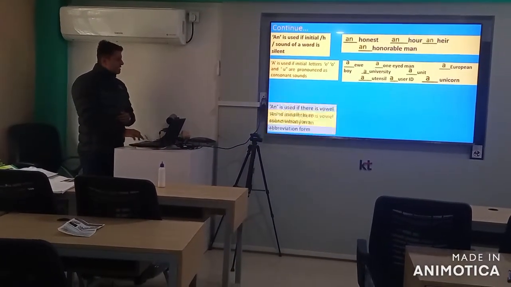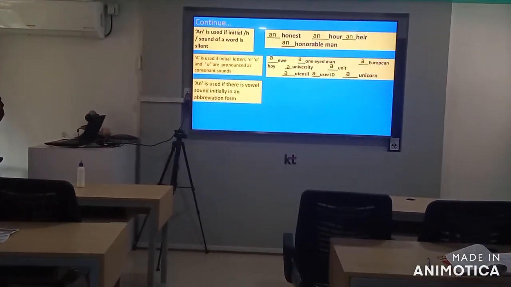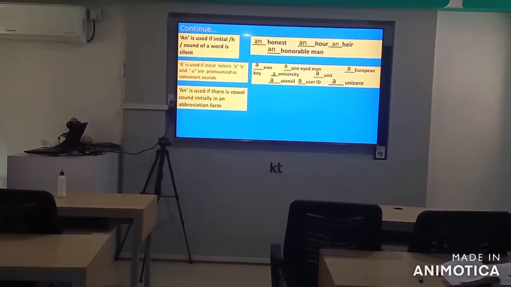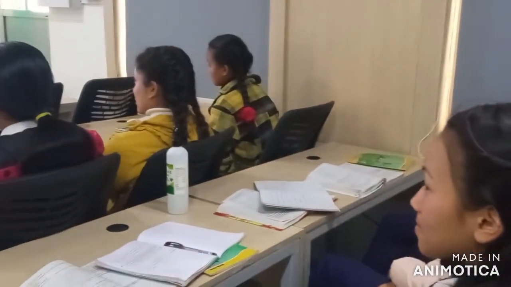Okay, now let's move to the next one. Can you read it out loud, please? "An" is used if there is a vowel sound initially in an abbreviation form. Okay, an abbreviation form is a shortcut form, right?